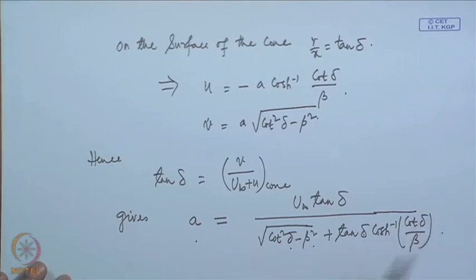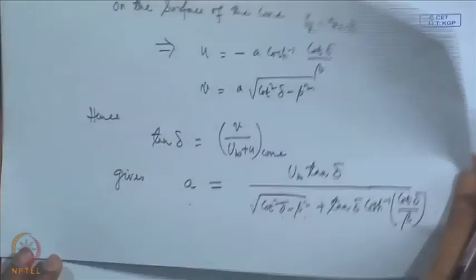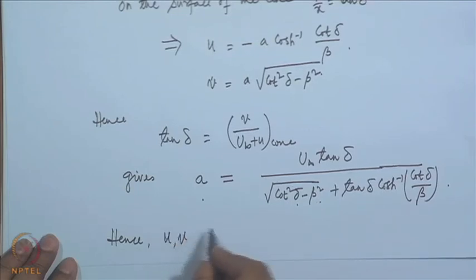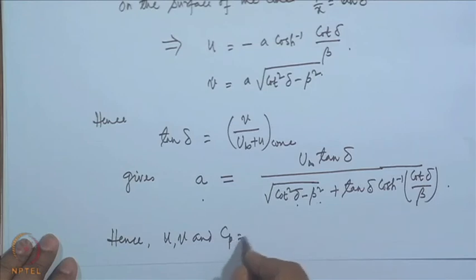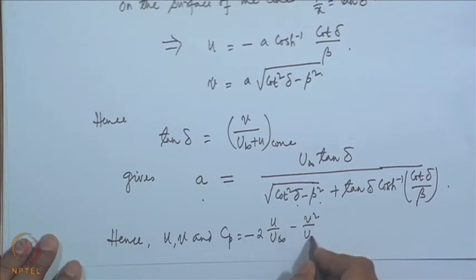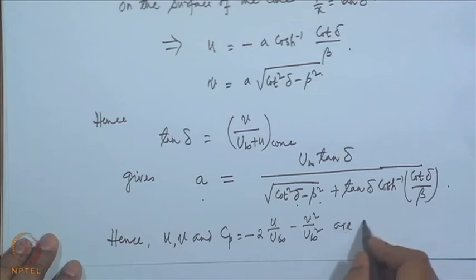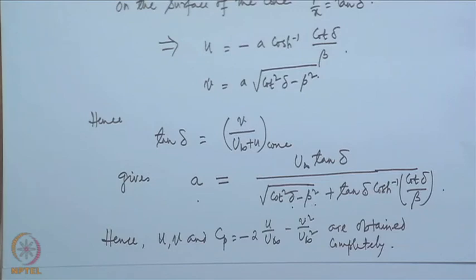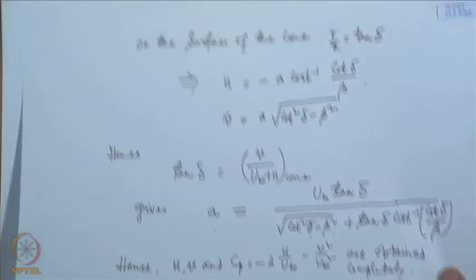And once a is obtained, u and v are obtained completely, and C p equal to, so we get the complete solution for supersonic flow over a cone, or rather the irrotational potential supersonic flow over a cone.